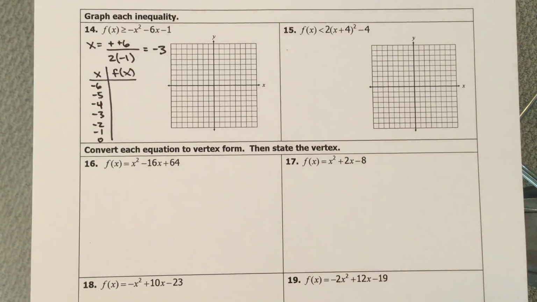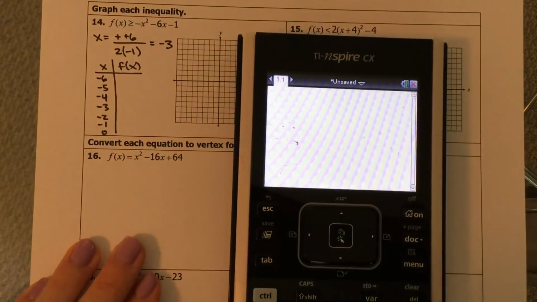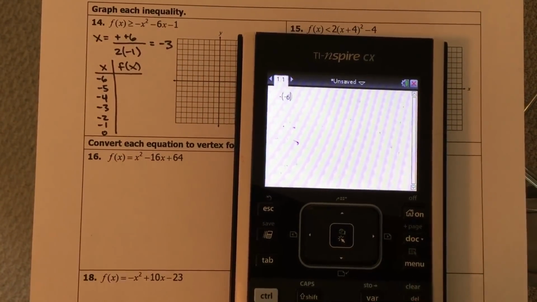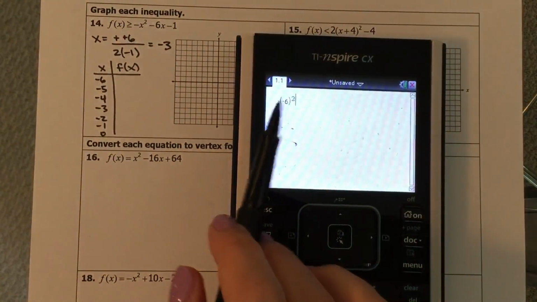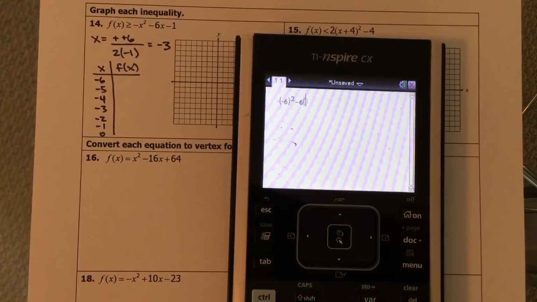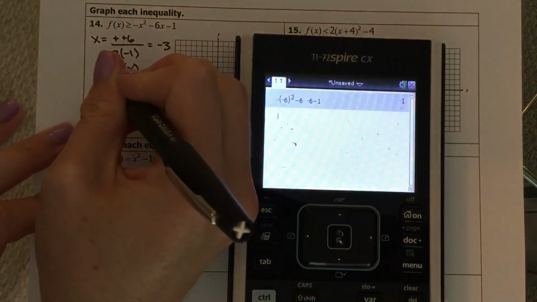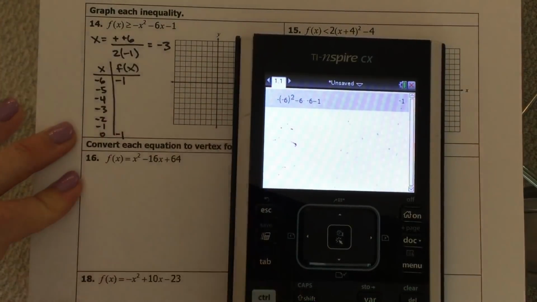All right, so let's plug in the first 4 values and then talk about our symmetry. So -x². Notice the negative does go on the outside, and then the plugged in value goes in parentheses. Then -(-6)² minus 6 times -6 minus 1. So first value will be a -1, which gets mirrored.